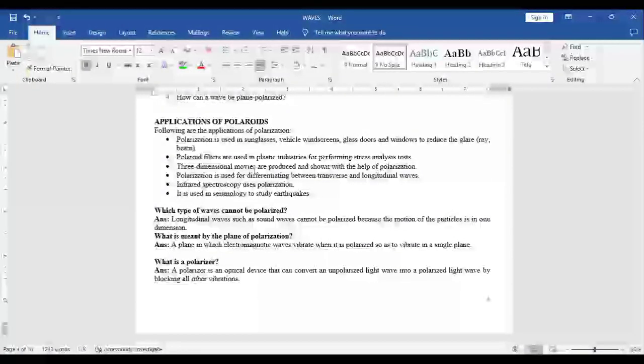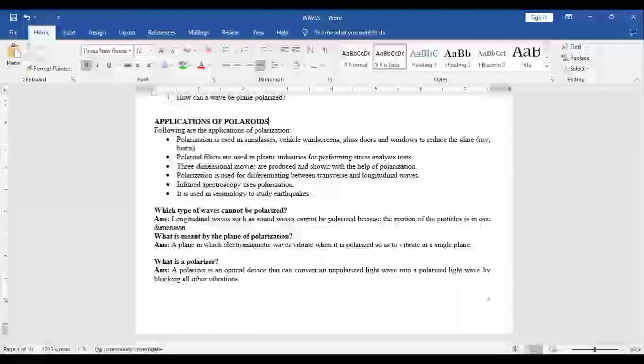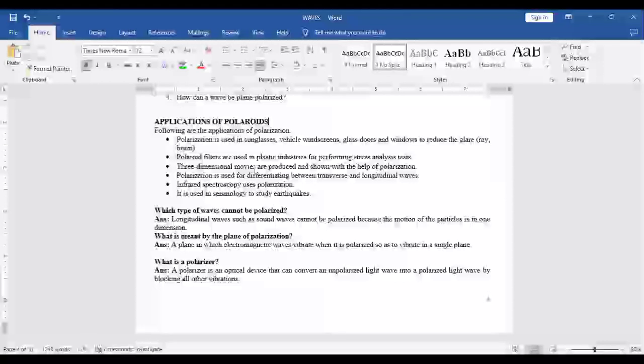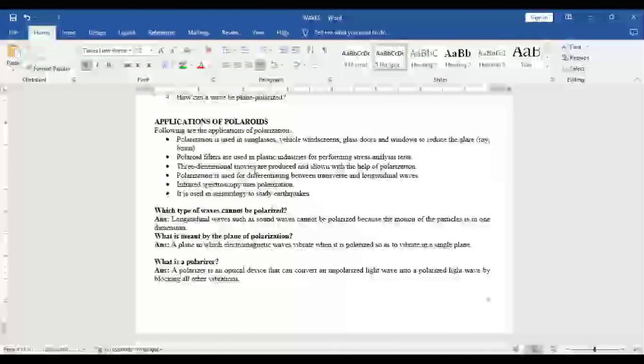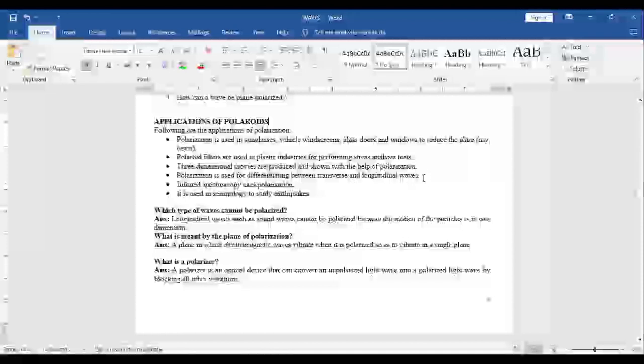Another point that we have is that three-dimensional movies are being produced with the help of polarization. Another point we have here is that polarization is used for differentiating between transverse and longitudinal waves.